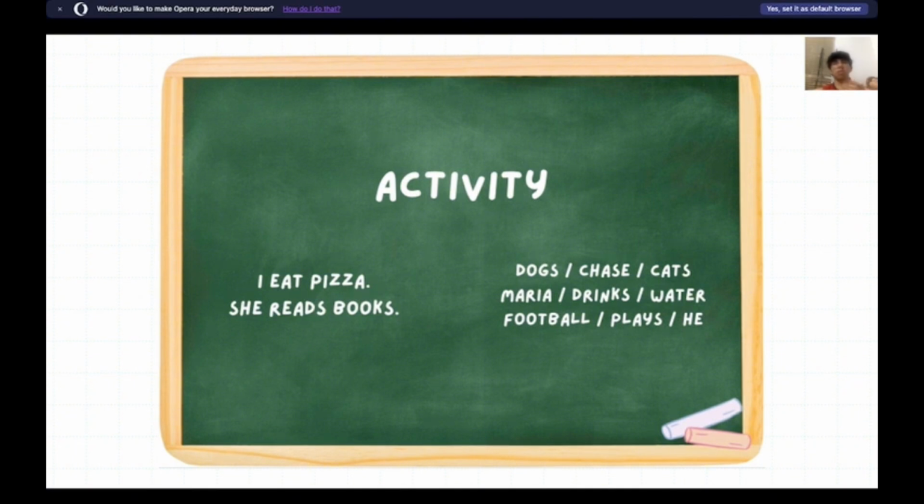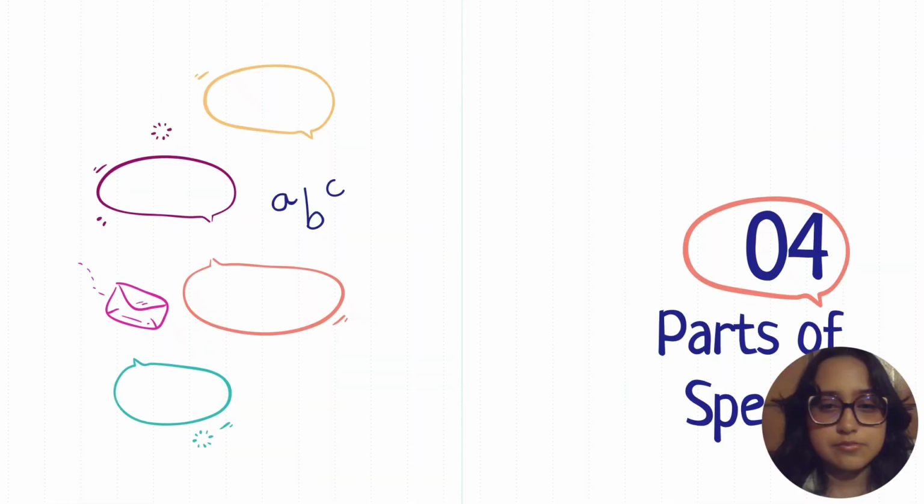It's so easy, but it's mandatory to understand it correctly because in some cases we don't understand the meaning of a sentence because we don't know who is doing the action, and it could be confusing. So thank you, and continue with the other topics.